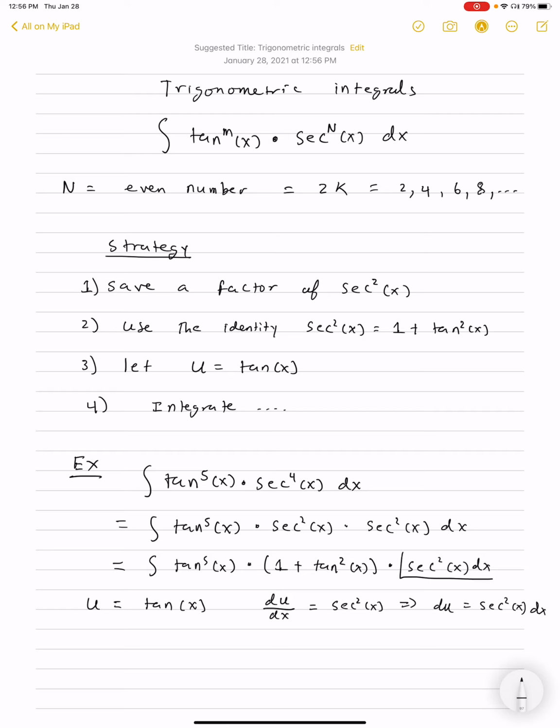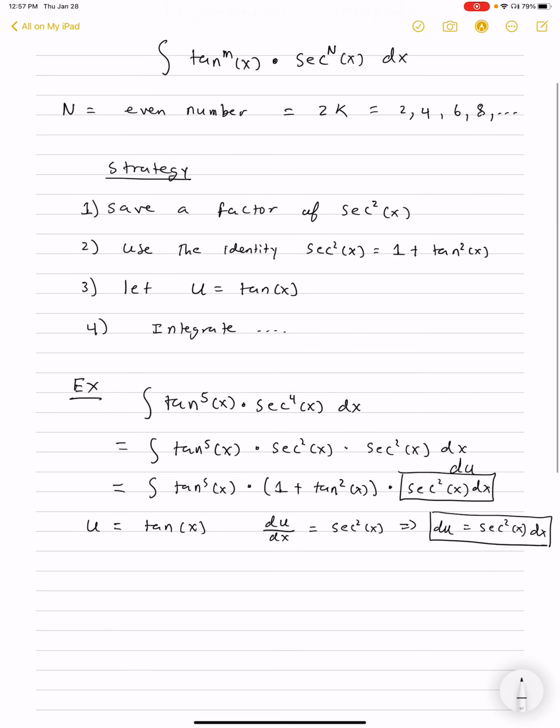So that means this piece right here, I can replace with du. So we have u to the fifth times 1 plus u squared, and now that secant squared times dx just becomes du.